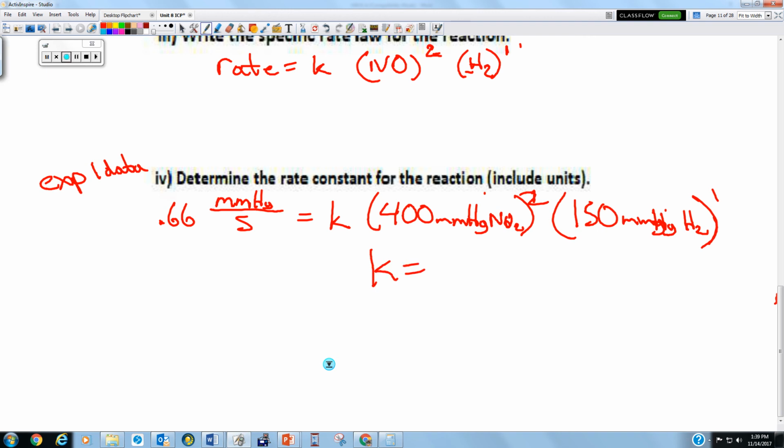All right. So solve for K. Now, you can also do your units, because that was the rate for experiment 1.